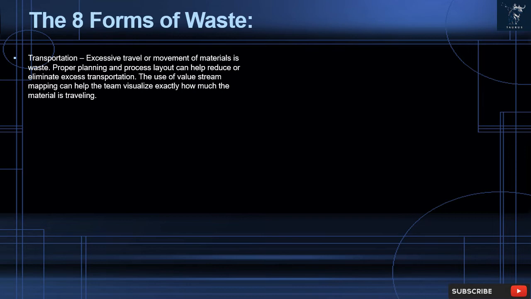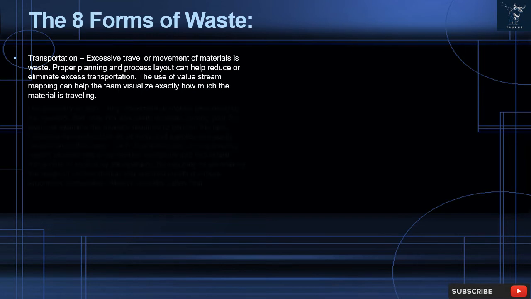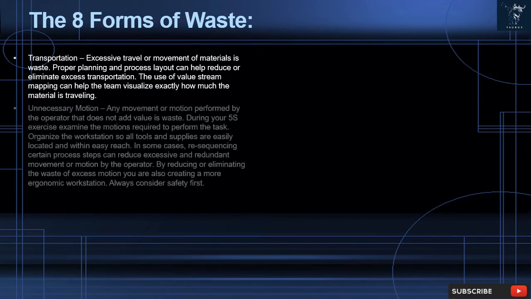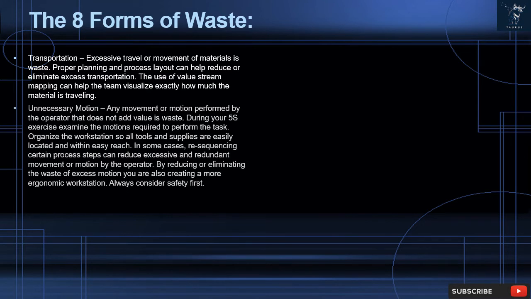The use of value stream mapping can help the team visualize exactly how much the material is traveling. Unnecessary motion. Any movement or motion performed by the operator that does not add value is waste. During your 5S exercise, examine the motions required to perform the task.